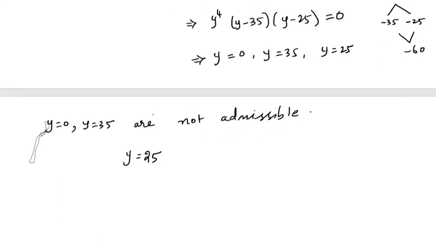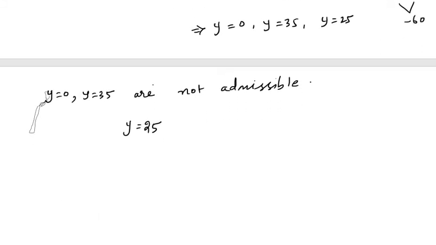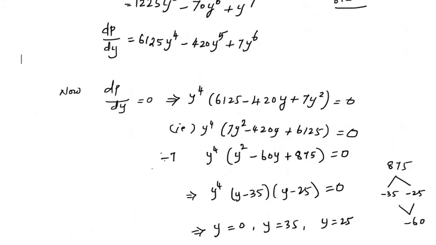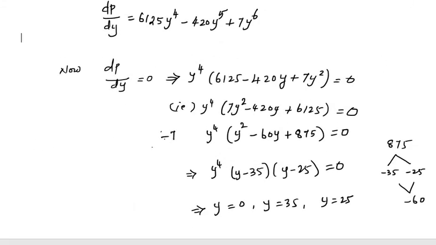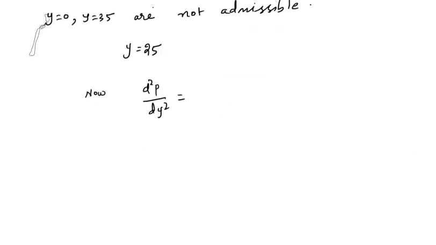Now we can go for d square p by dy square. We have to find d square p, the second order derivative of p with respect to y. See what is dp by dy? Differentiate it once again. If I want, we can write it once here, then I can go there to differentiate.